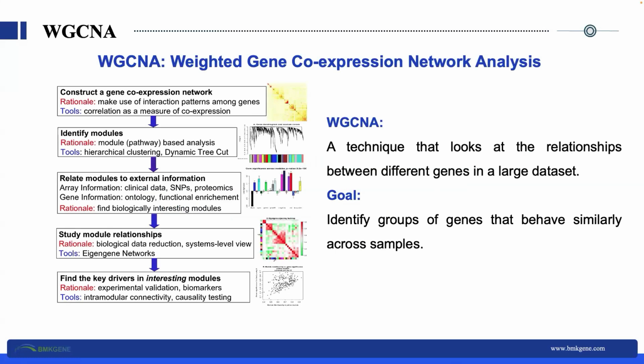The goal of WGCNA is to identify groups of genes that behave similarly across samples. These groups or modules may share common functions or be involved in the same biological process.